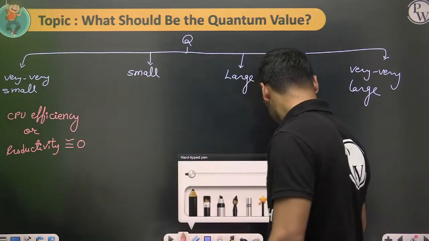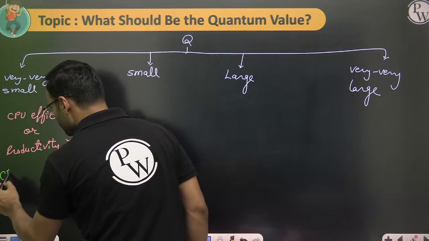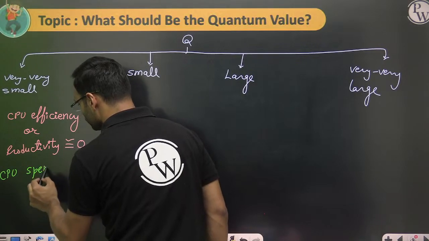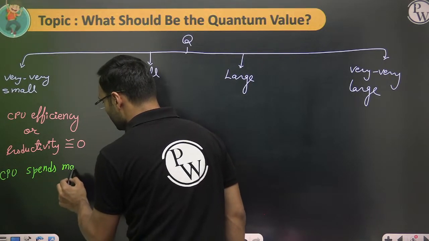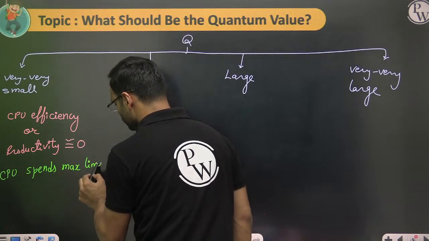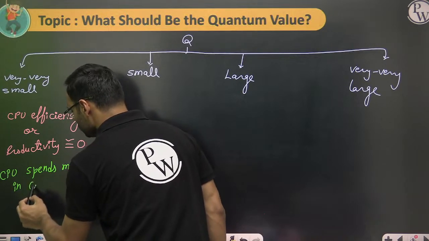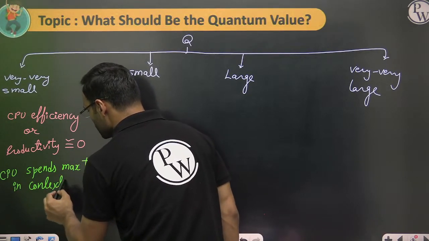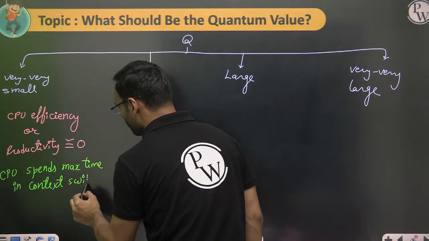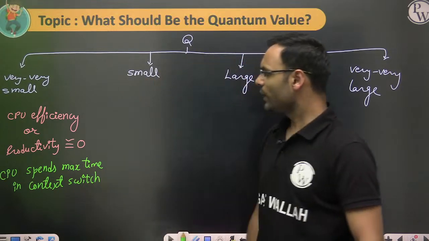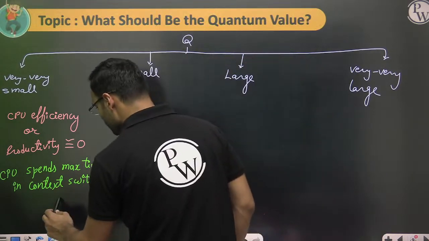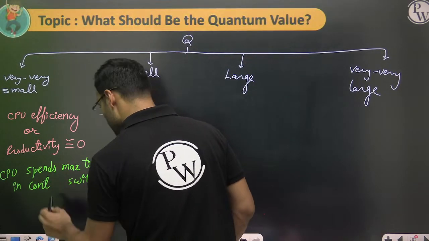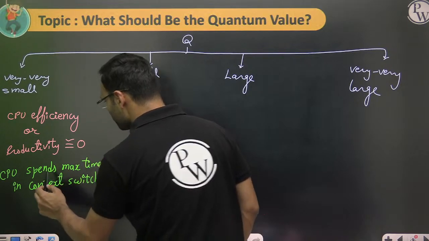Just because the CPU spends maximum time in context switch only, and process execution time is very, very low. That's why the efficiency or productivity of the CPU is very low.